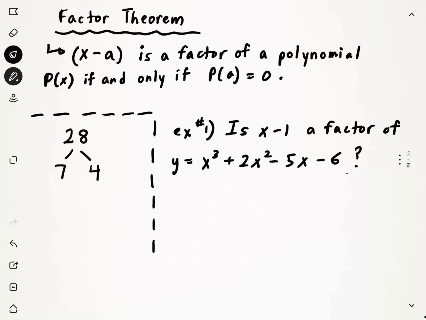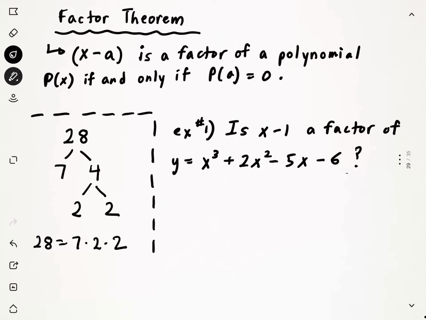I can also take 4 and divide even further. I can take 4 and divide by 2 and get an answer of 2 with no remainder as well. In other words, the remainder is 0. So I've said here that 28 is equal to 7 times 2 times 2. Those are the factors that divided evenly into 28.